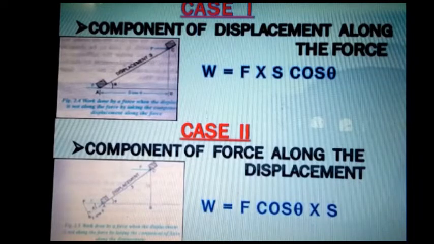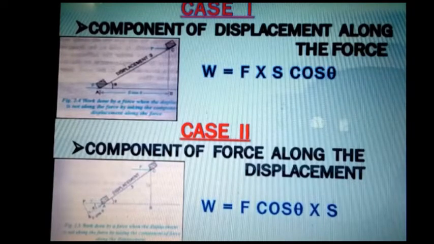That is, we have considered the first case, that component of displacement along the force. And in the second case, you can see that we have considered the component of force along the displacement. So here we have to consider the cos component of force, that is F cos theta, which is along the direction of the displacement.